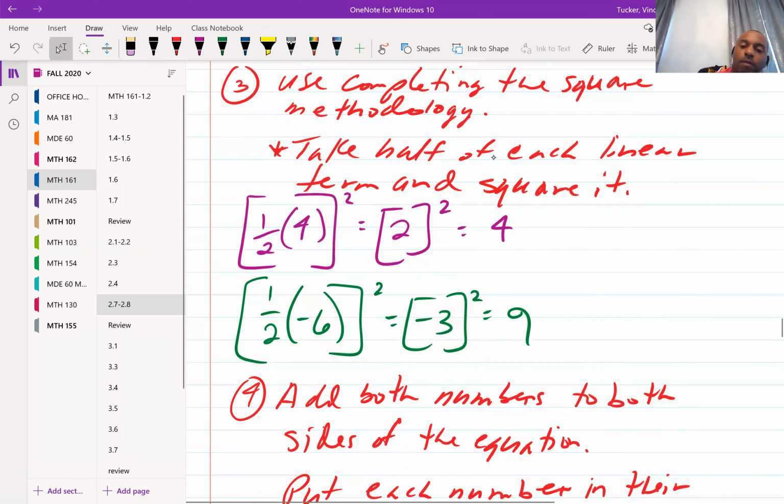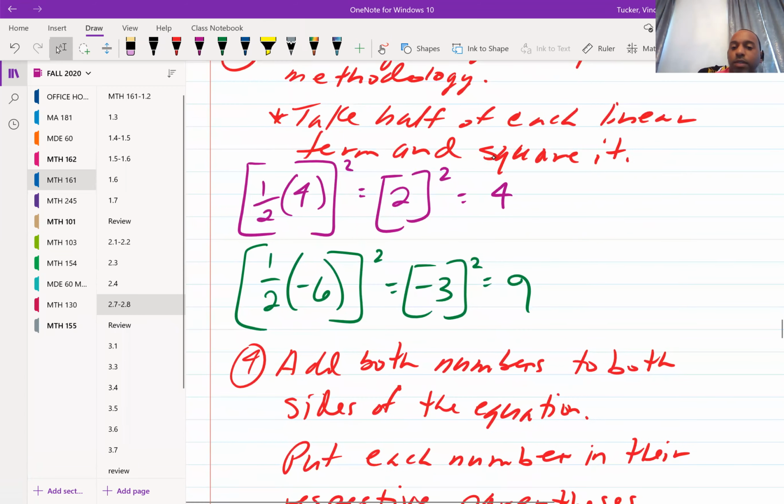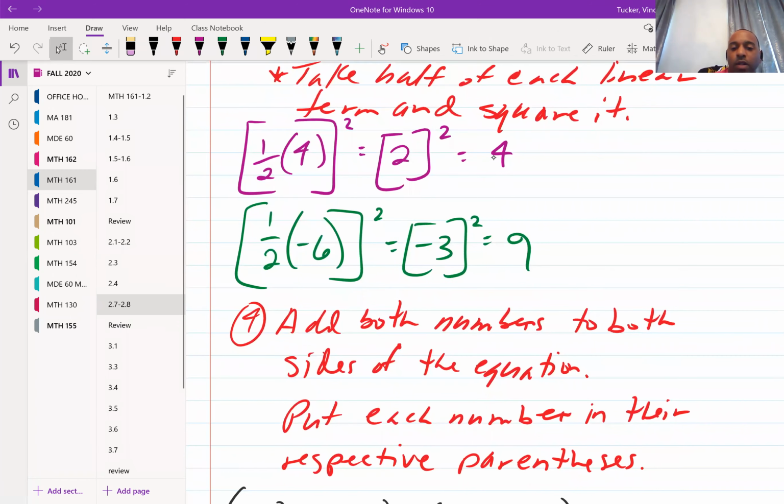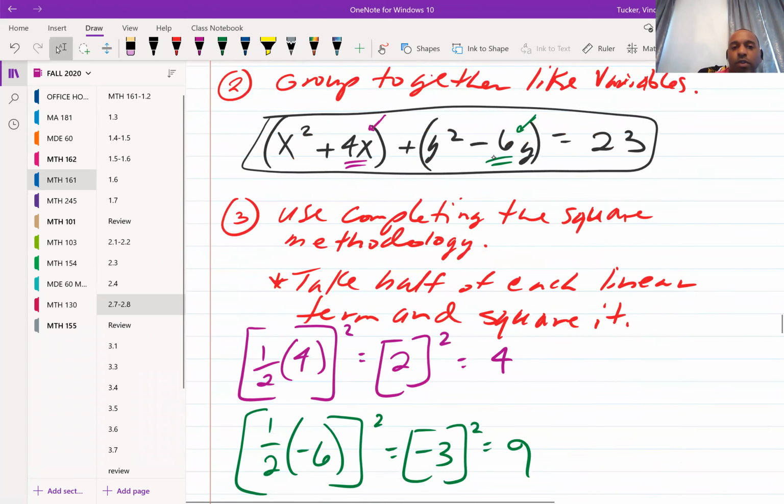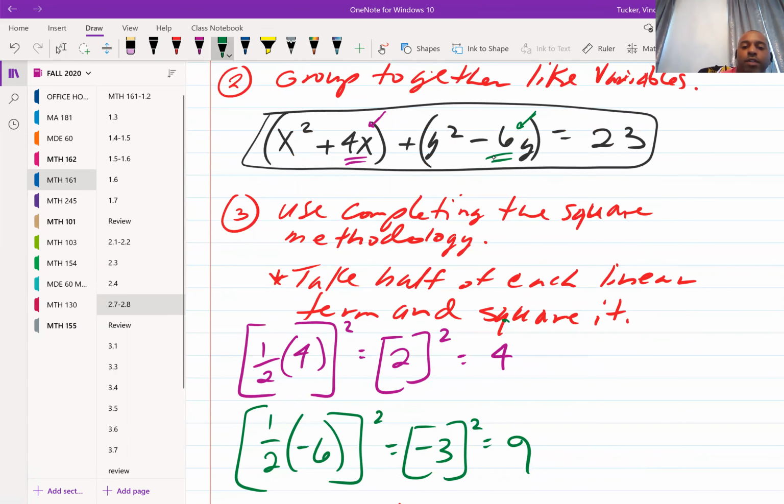Step 4, add both numbers to both sides of the equation and put each number in their respective parentheses. So in other words, going back here, I kind of color coded it. This 4 came from the x terms. This 9 came from the y terms, right? Because we halved 6 and got 3, squared it and got 9. Half 4 and squared it and got 4.